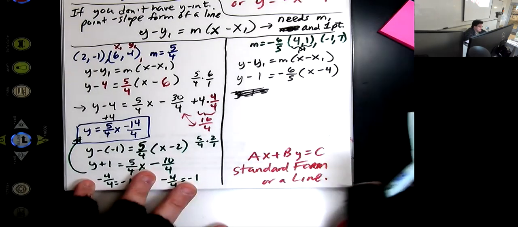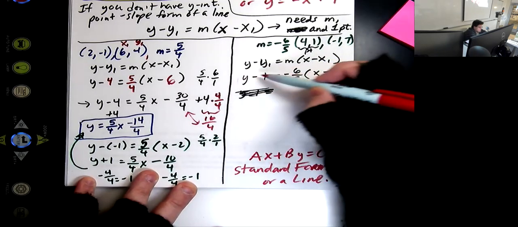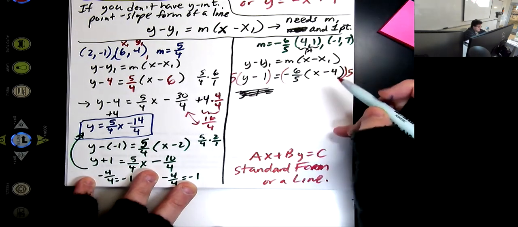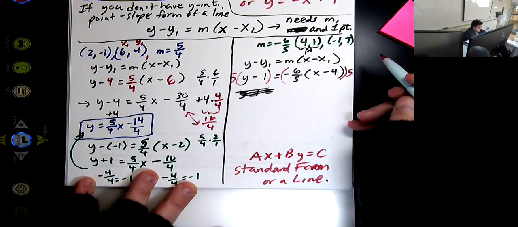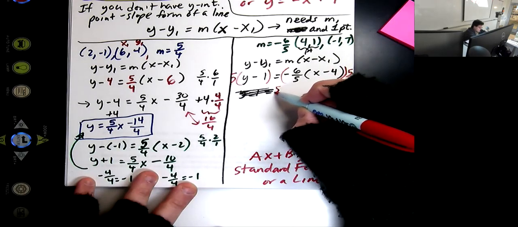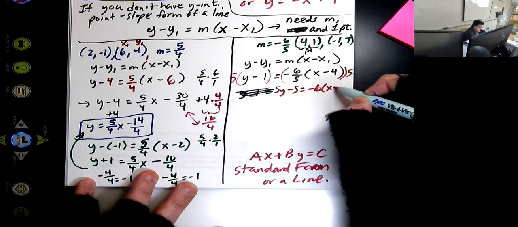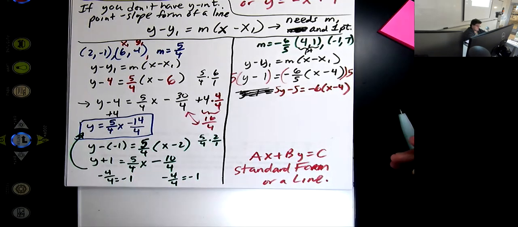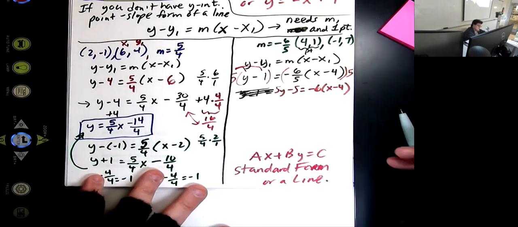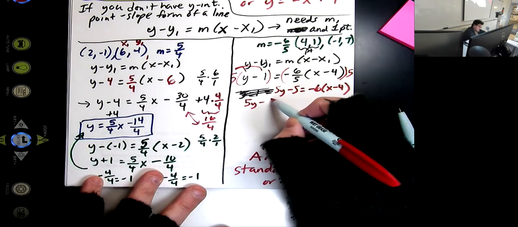Best way to do this, clear fractions. Multiply both sides by that denominator. That denominator is 5. If I do that, I get 5y minus 5 equals -6 times x minus 4. Where I've already distributed here. If I distribute over here, I've got 5y minus 5.